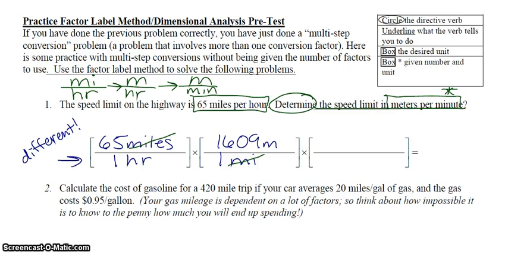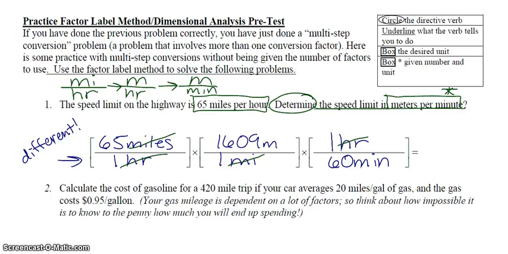So right now I'm in meters per hour. I got to do one more conversion to get to meters per minute. Well, there are 60 minutes in 1 hour, and the minutes has to be on the bottom, and to cancel hours I need to put that part on top. So even though they're not right next to each other, the hour on top and the hour on bottom still can be canceled out.